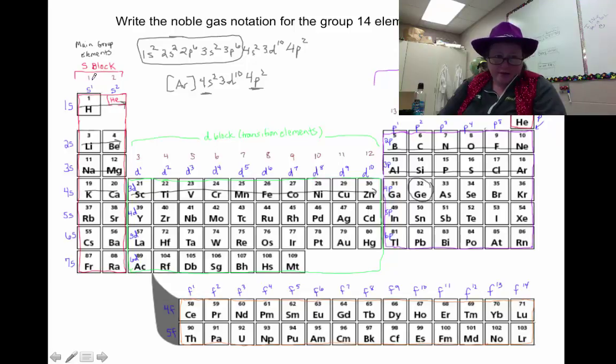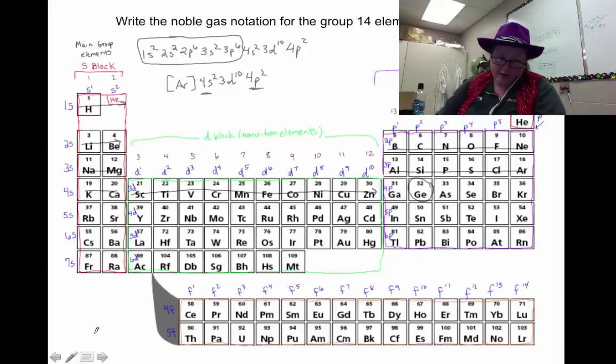So group 1 has 1 valence electron, group 2 has 2 valence electrons. And if we look at the last number in each of these numbers, it tells us the number of valence electrons. All of the elements in group 13 have 3 valence electrons, 14 have 4 valence electrons, 18 has 8 valence electrons, with the exception of helium, which has 2.